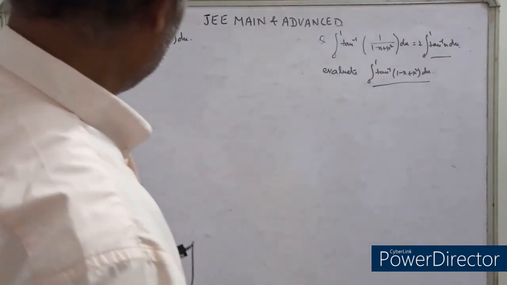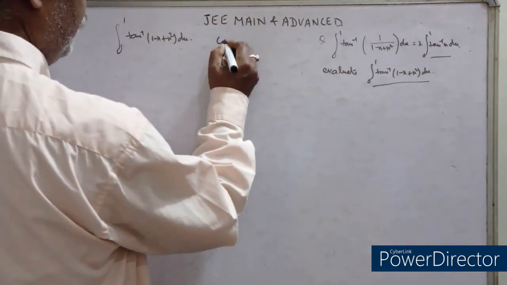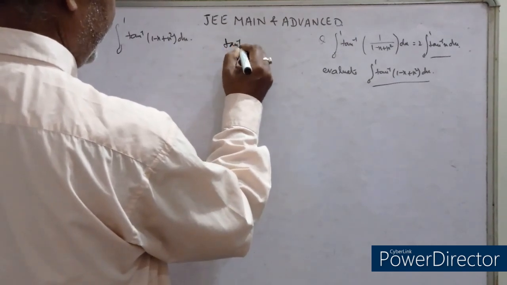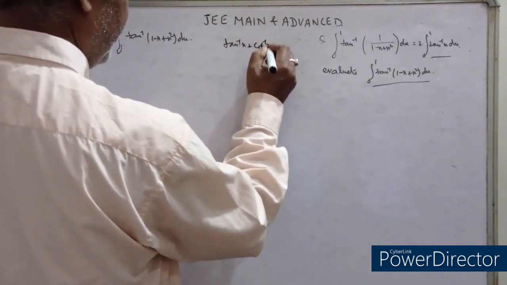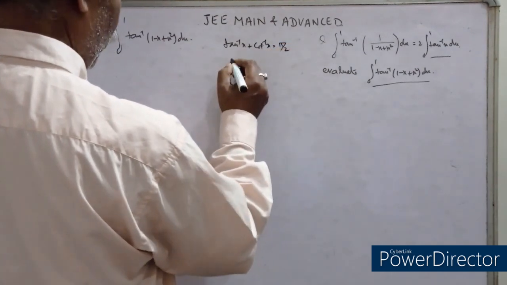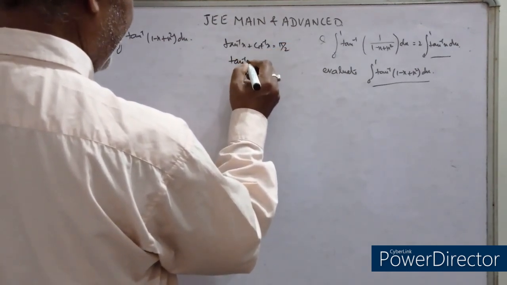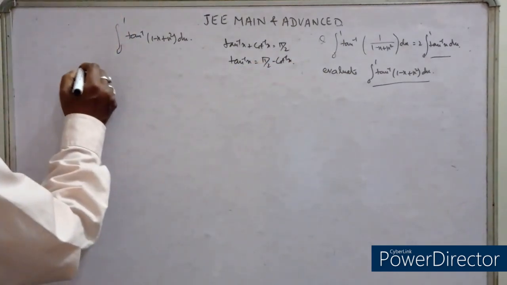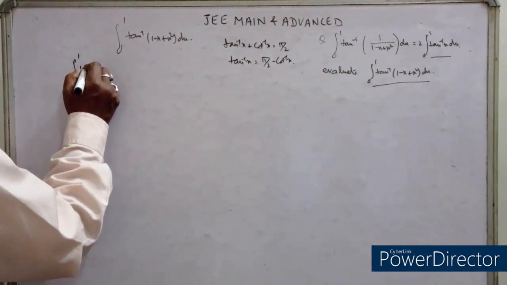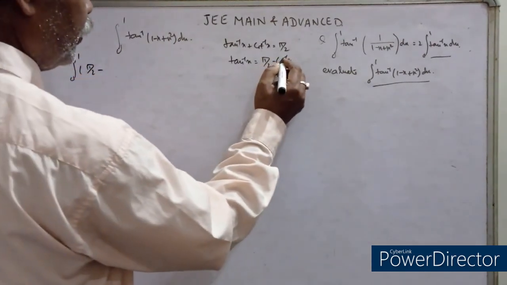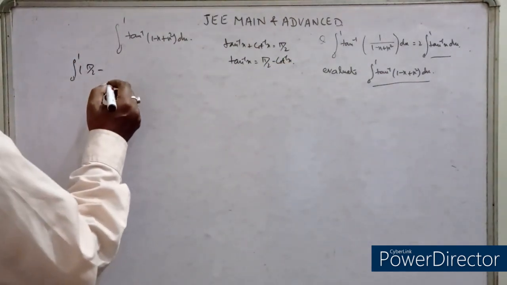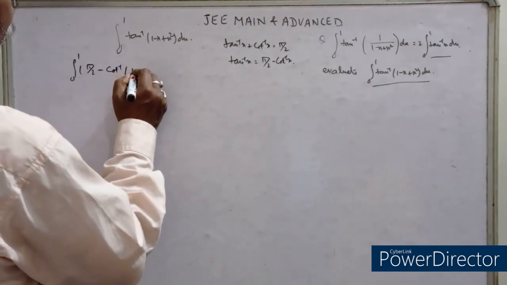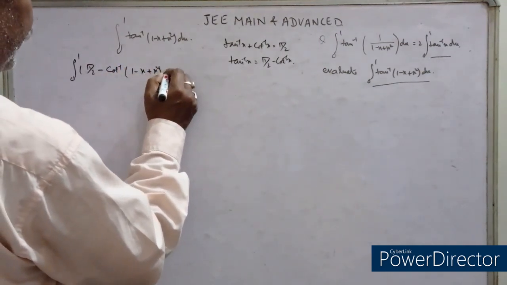We know that tan inverse x plus cot inverse x is equal to pi by 2. So tan inverse x is equal to pi by 2 minus cot inverse x. So this is integral from 0 to 1 of pi by 2 minus cot inverse of 1 minus x plus x square dx.